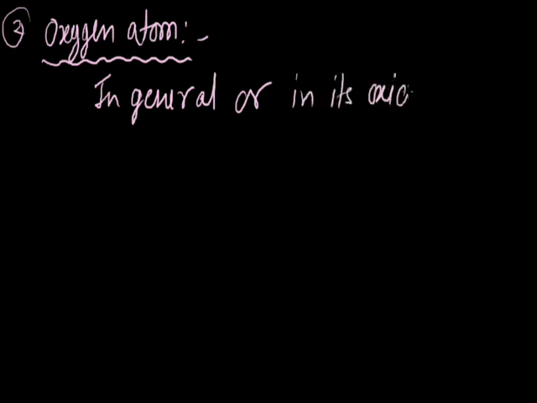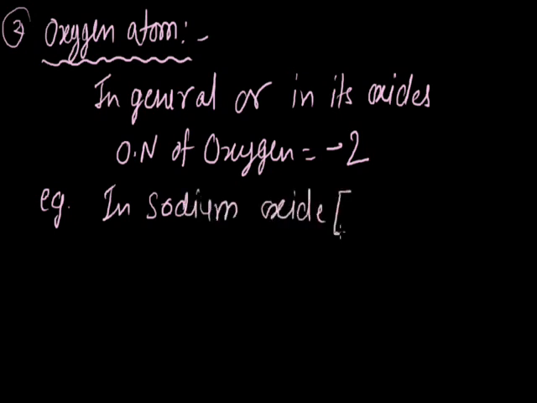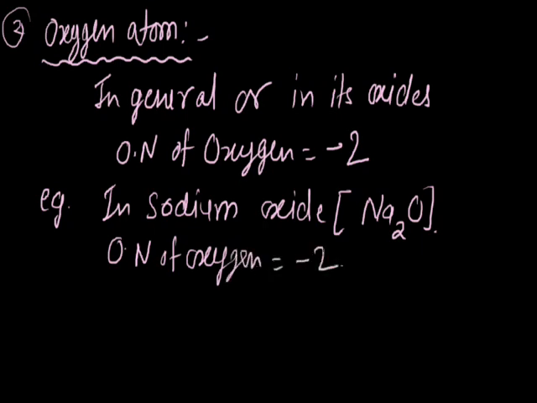Now for the oxygen atom, in general and as well as in its oxides, the oxygen atom has oxidation number equal to -2. For example, in sodium oxide, that is Na2O, the oxidation number of oxygen is equal to minus 2.